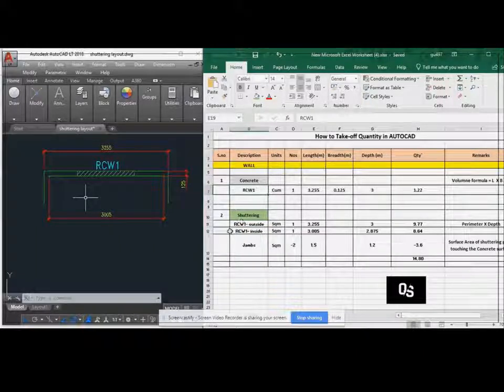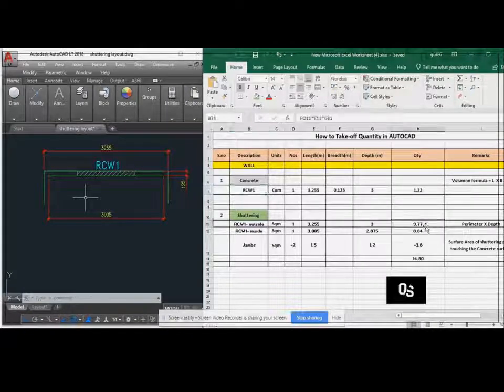And here I am going to show you how to take the shuttering quantity for that wall. RCW1 outside wall. The unit of the shuttering is square meter. One number, external outer side length is 3.255 and the depth of the wall is 3 meter.